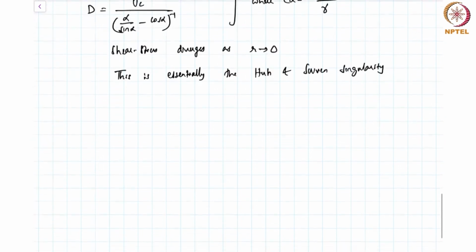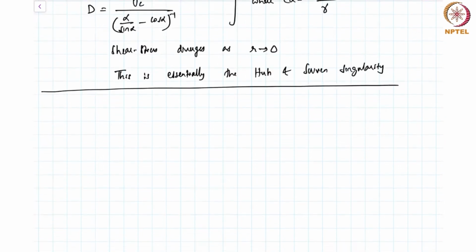Okay. So, we know that nature doesn't have the singularity. One conclusion that we can come to is that the classical equations that we have used, which are the Navier-Stokes equations with the classical boundary conditions of no slip and so on, are not valid.